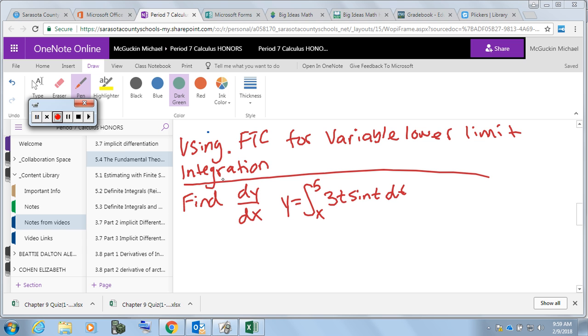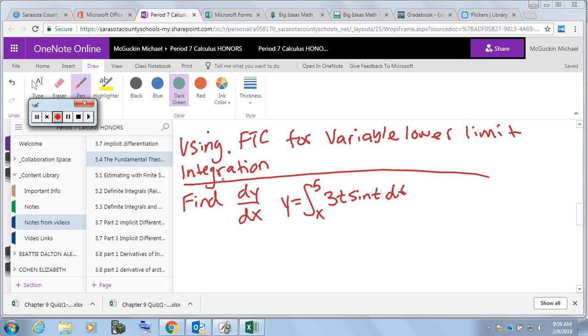The problem here is x being that lower limit. We want x to be our upper limit. So how can I somehow switch these around? Well, good news is, we have a rule of integration. If you remember correctly, from our rules of integration back in 5.3, we had one called the order of integration.